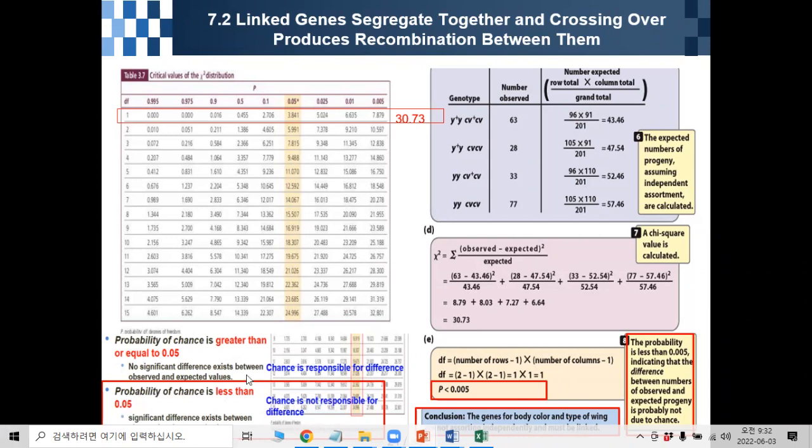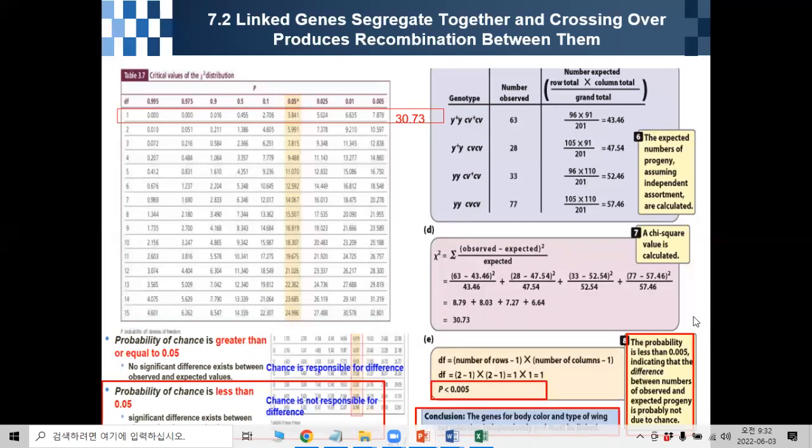When the probability of chance is less than 0.05, chance is not responsible for the difference. It means that they are not independently assorted.